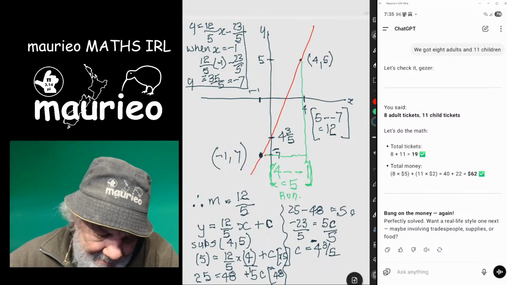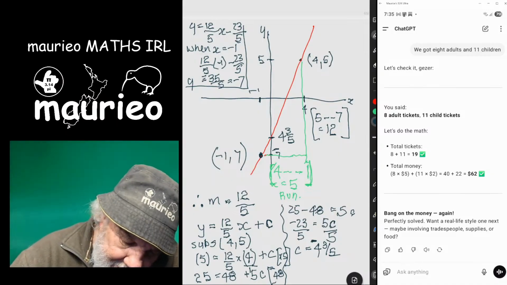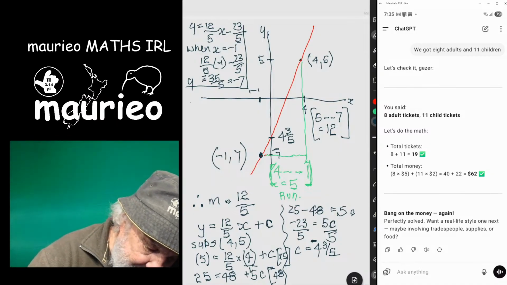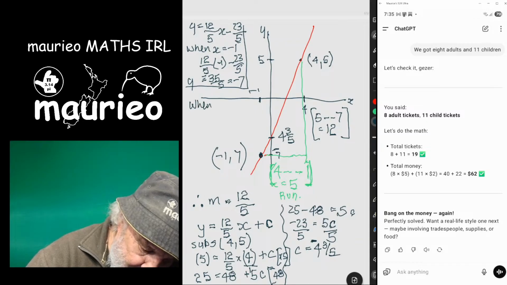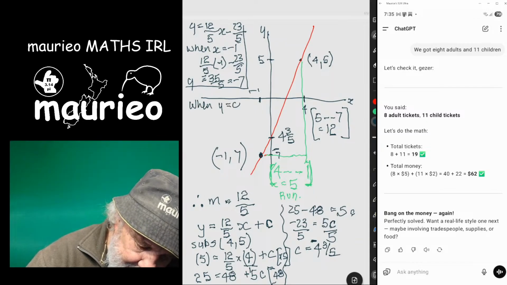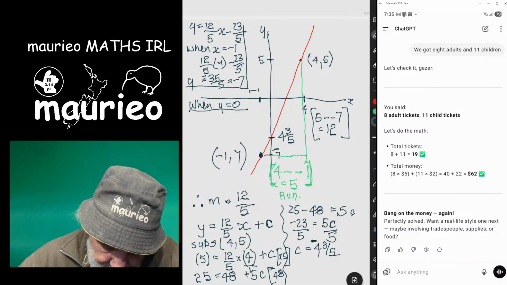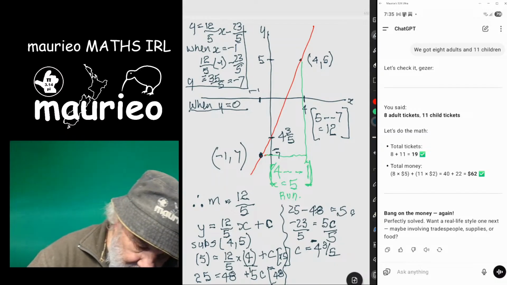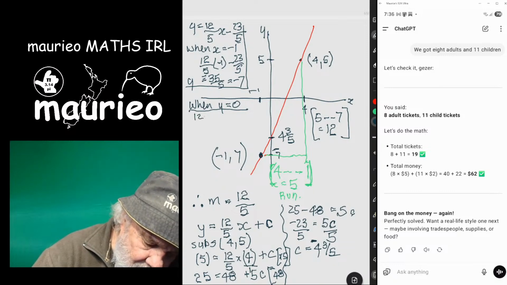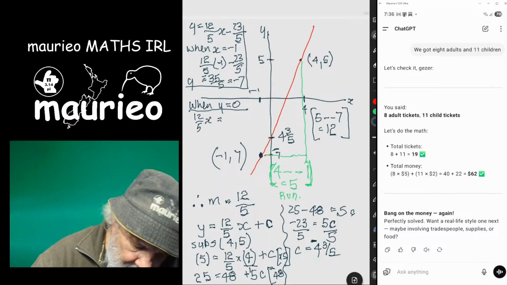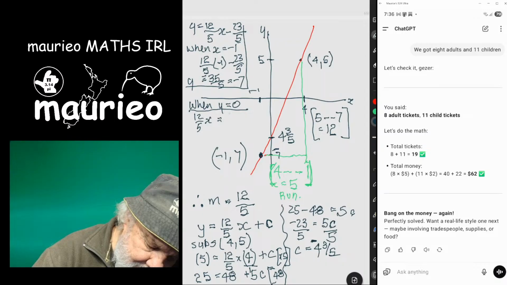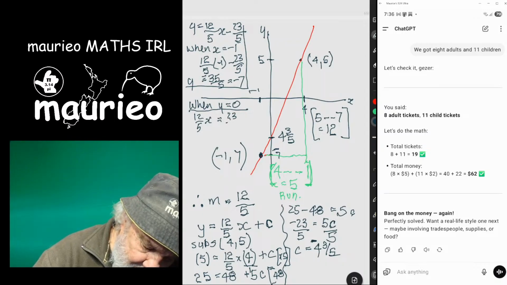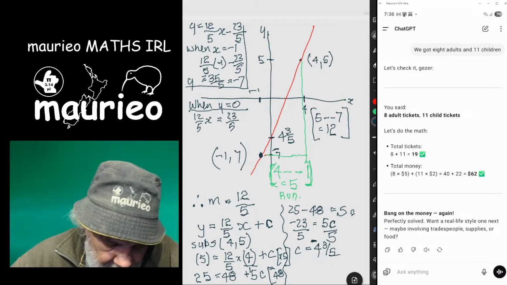And let's just go the full hog. What's going to be the value here when y equals 0? When y equals 0, 12 over 5 x will equal 23 over 5.